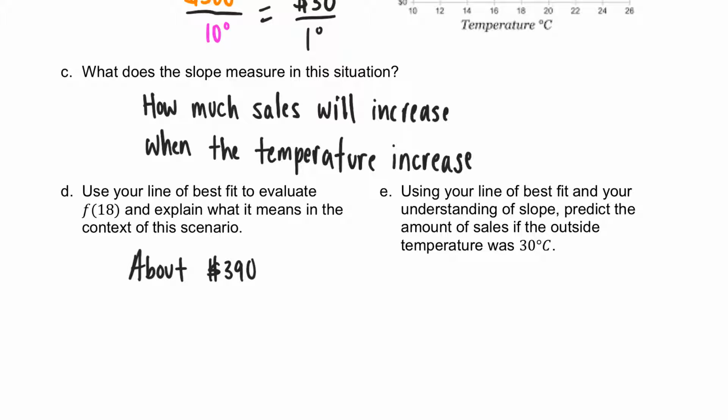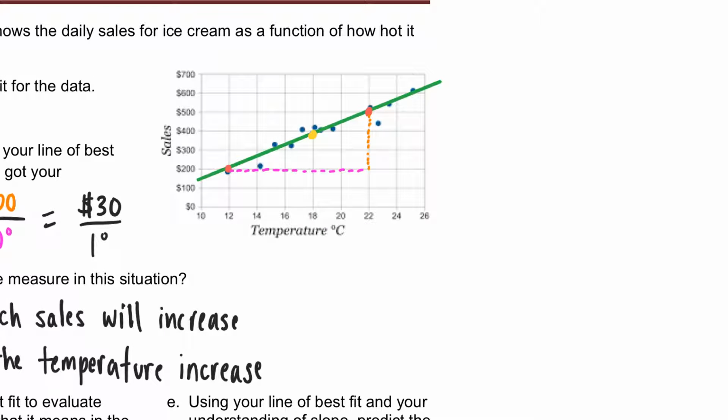Okay, next question. Using your line of best fit and your understanding of slope, predict the amount of sales if the outside temperature was 30 degrees Celsius. So if you continue this line here, this would be 28, right? And then 30 would be about right here. So really the question is just asking, when we go up here, where would this line hit?